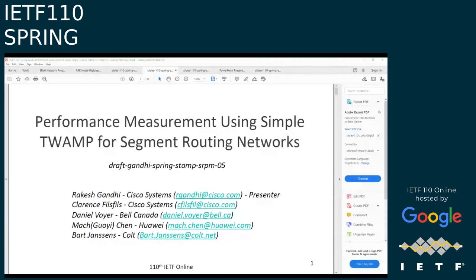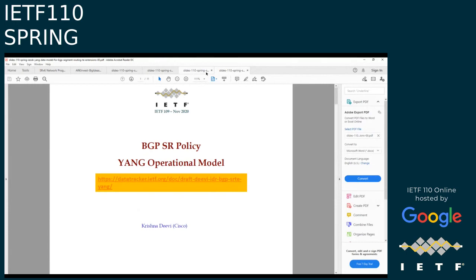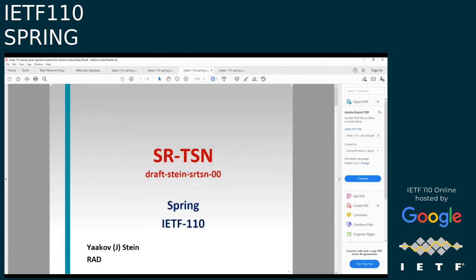Rakesh, are you here? I'm afraid he is busy in a different group. Well, Yakov, you want to go now? Okay with me. Okay, Jim, bring up Yakov's slides. Let's go. Not that one. There you go.